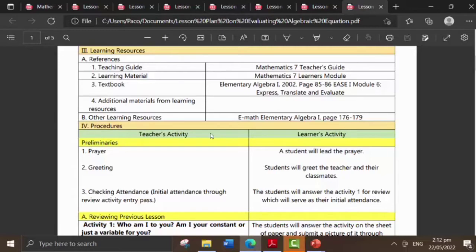So moving on to the procedure, we have here the preliminaries, but take note that we have 2 columns. The left column is for the teacher's activity and the right column is for the learner's activity.